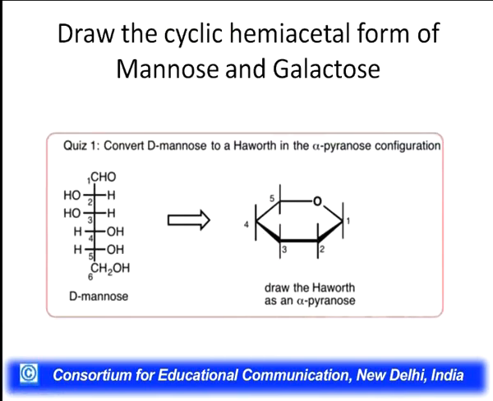Now I've given you a small exercise in which we have to draw the structure for mannose. As I've said, for drawing the structure of mannose, you draw the pyranose ring. You remember that this fifth OH is becoming the O in the pyranose ring, and at this position we will have the CH2OH at top, since it is D mannose. Now at the second and the third, the configuration is going to be the same.